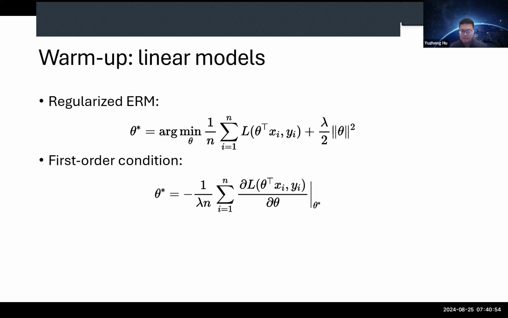And since the model we consider is a linear model, theta transpose x_i is exactly the prediction that we use to produce. So this means that it's a linear model.